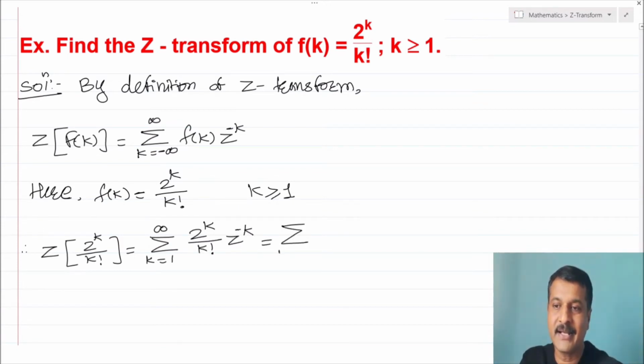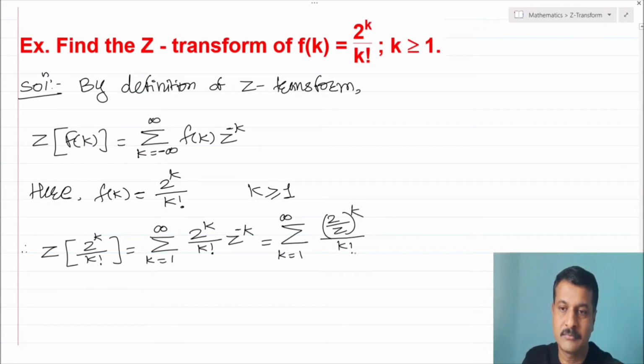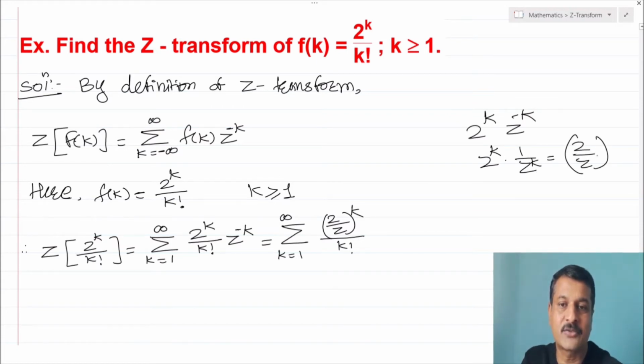Same thing I can write as summation k from 1 to infinity of 2 by z raised to k upon k factorial. How? Because here 2 raised to k and z raised to minus k, I can write as 2 raised to k and 1 by z raised to k, which means 2 by z raised to k.